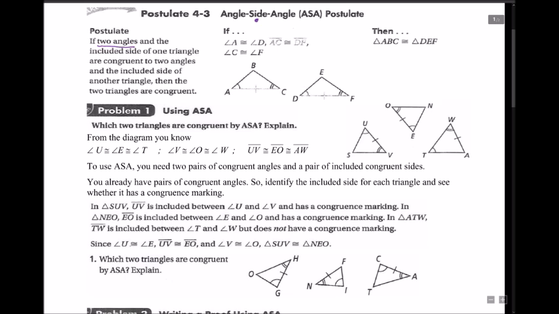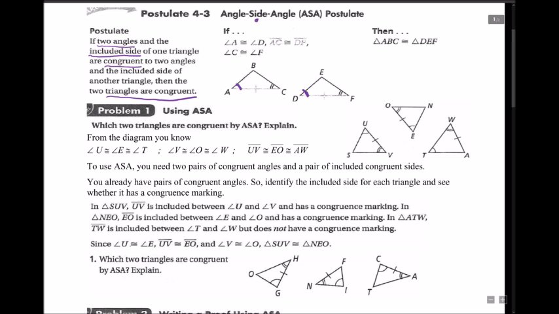Where is that side? It is the included side, and they are congruent to the 2 angles and the included side in your other triangle, then your triangles are going to be congruent. So let's see what that looks like.